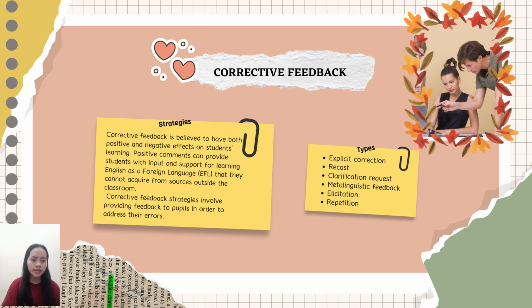The third is clarification request. It simply means that the instructor requests that the pupils repeat or check their statement or words. The next is metalinguistic feedback. It implies that the teacher will correct pupils' errors in speech immediately.